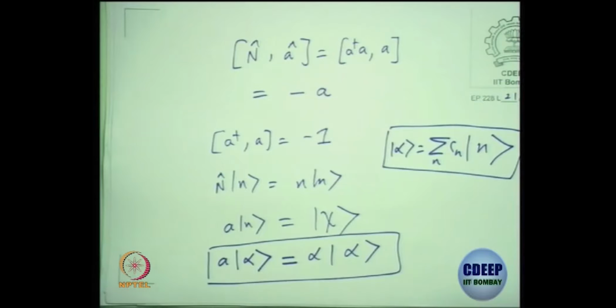What remains then? What do we have to do? We have to find the eigenstate of the ladder operator. The motivation is we want to find a superposed state. Only if we find a superposed state, the expectation value of x of t will look like some constant times cos omega t plus another constant times sin omega t, which is the classical equation.